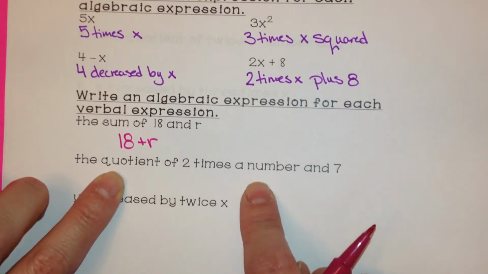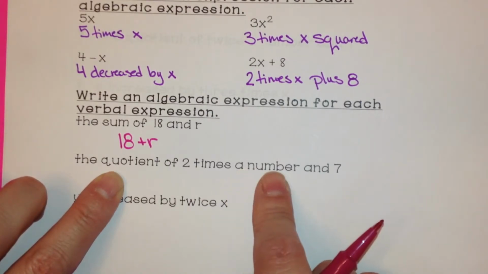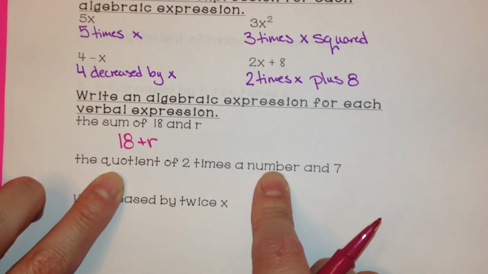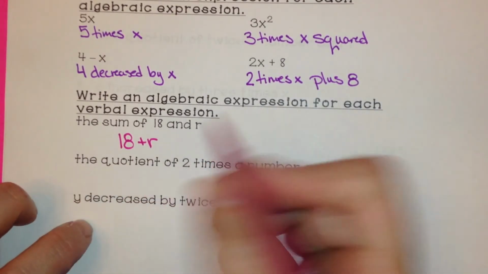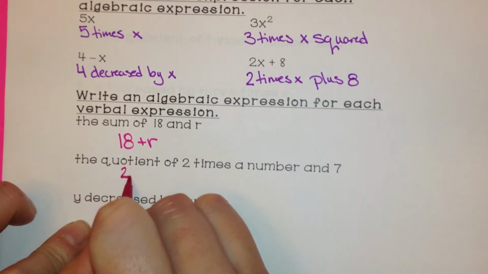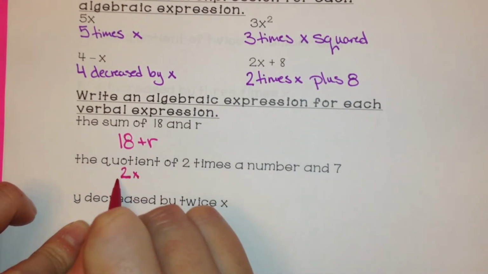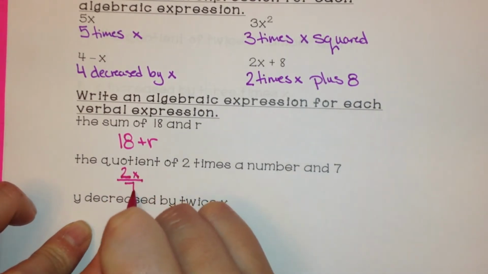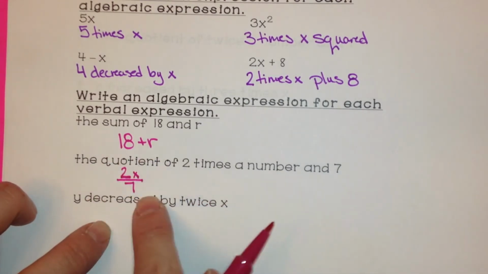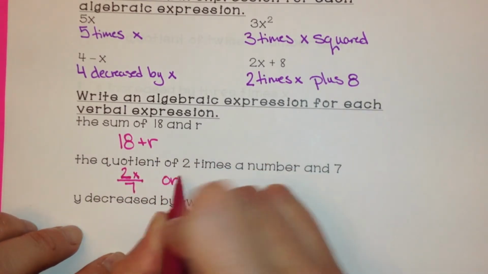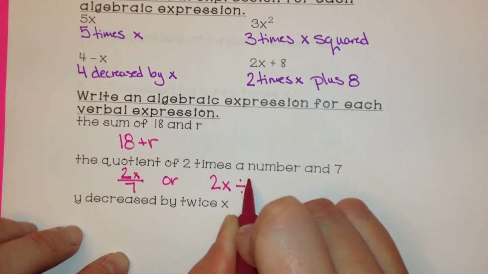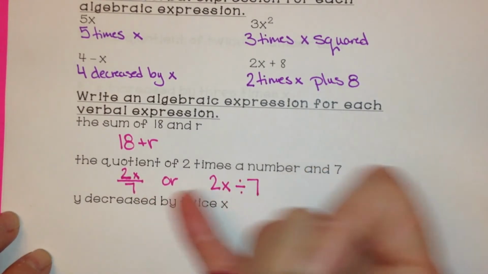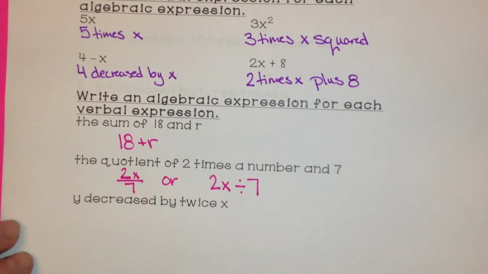Remember, you can write a number for any variable. So if it says a number, you get to choose what the variable is. So 2 times a number and 7. So I have the quotient of 2 times a number, I'm going to put 2x, divided by 7. Okay, we can write it as a fraction, or we can put 2 times our number divided by 7. So there's multiple ways to write this also.